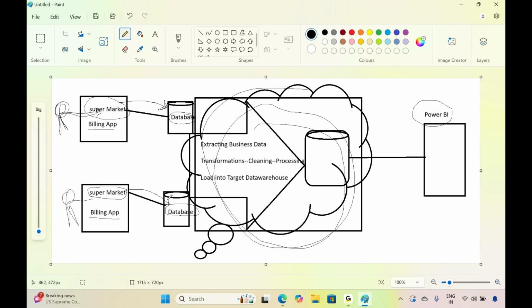As a data engineer, what is your role? As a data engineer, you have to extract the business data from this server and this server, and apply some transformations, nothing but cleaning and processing of the data. Finally, you need to load it into the target data warehouse over here.